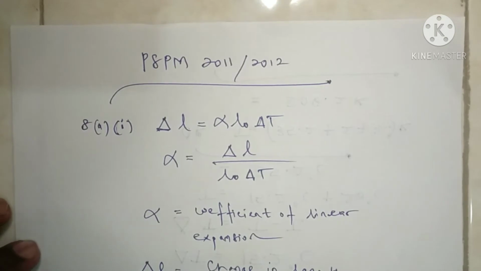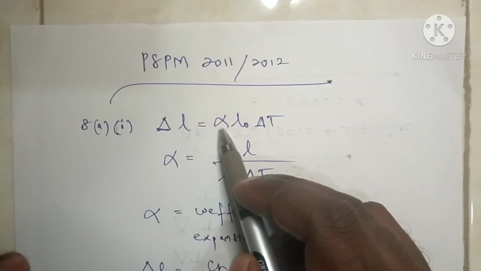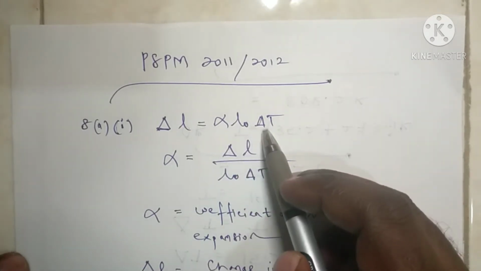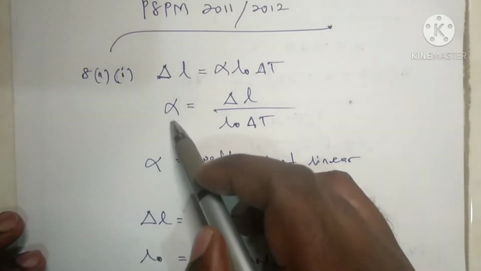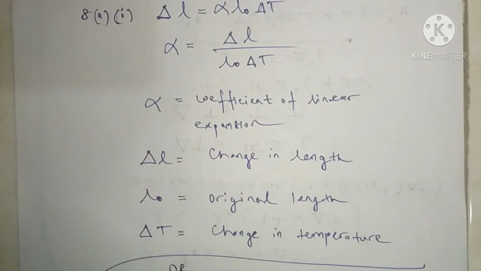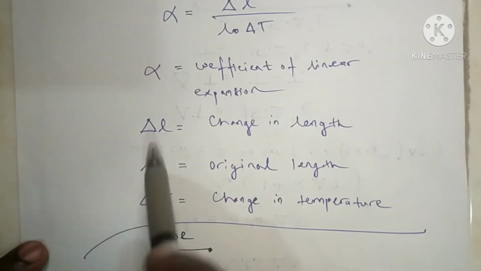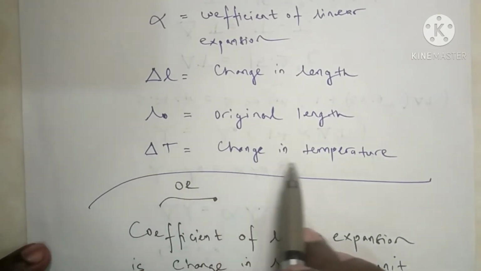You have two options to define it. By writing the equation of change of length equals coefficient of linear thermal expansion times the original length times the change in temperature, and put alpha as the subject, and define all the symbols: alpha is the coefficient of linear expansion, del L is change in length, L naught is original length, and del T is change in temperature.